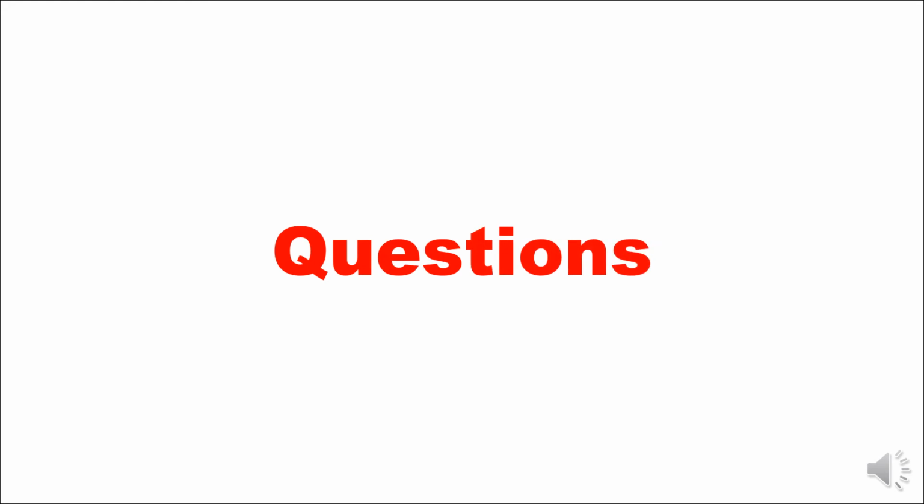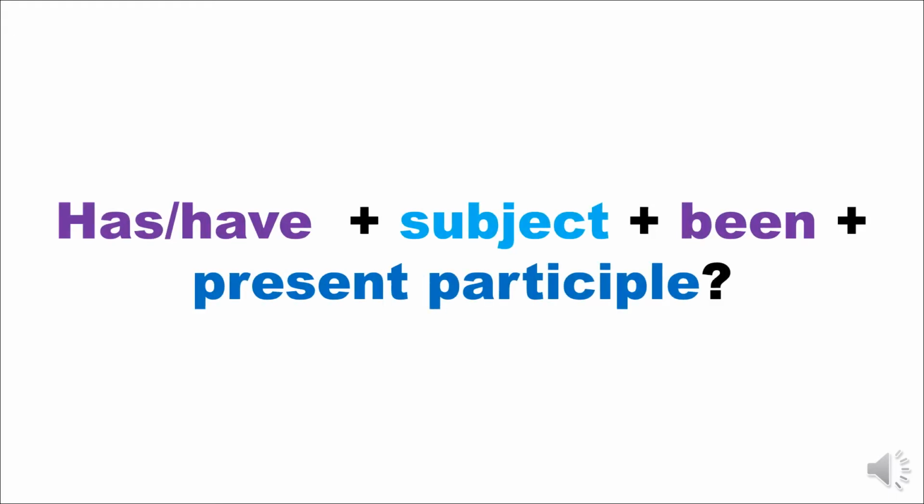Questions. While constructing the interrogative form of present perfect continuous tense, we use this type of pattern. We place has or have at first, then the subject, then been, then the present participle.